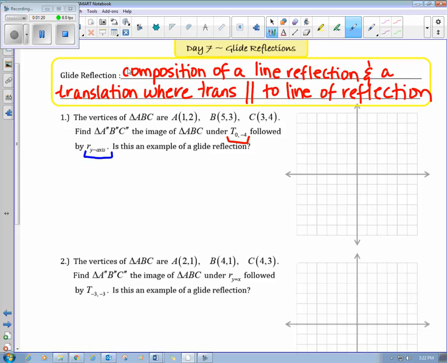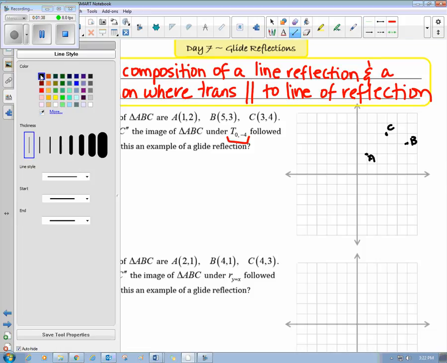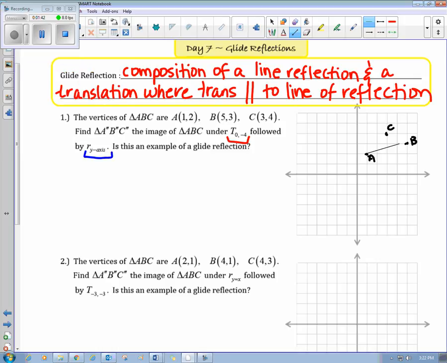So when I plot those points, I have 1, 2, 5, 3, and 3, 4. So here's A, here's B, here's C, and I'm going to connect those. So from A to B, B to C, C to A.